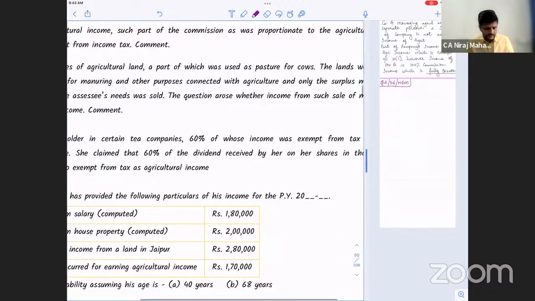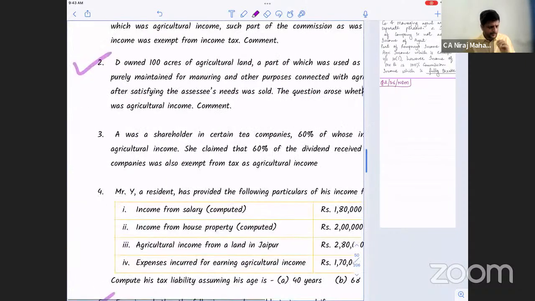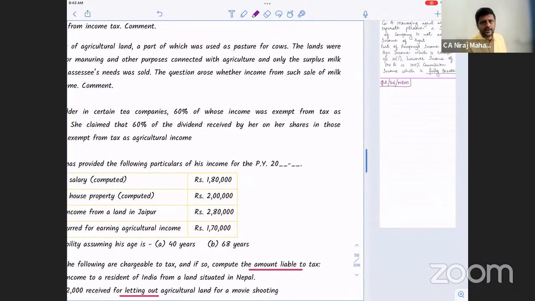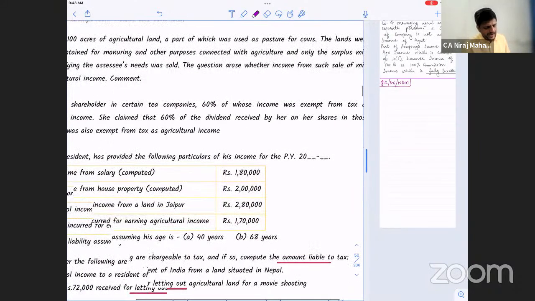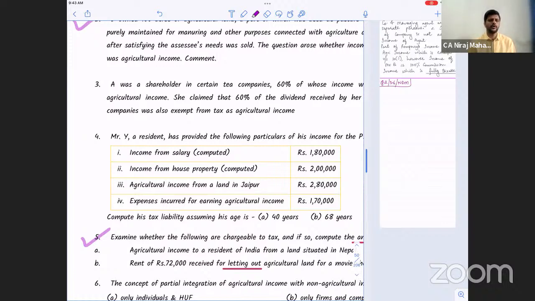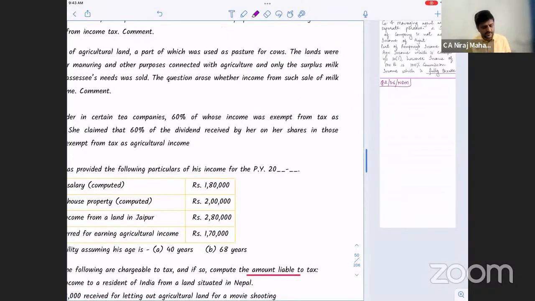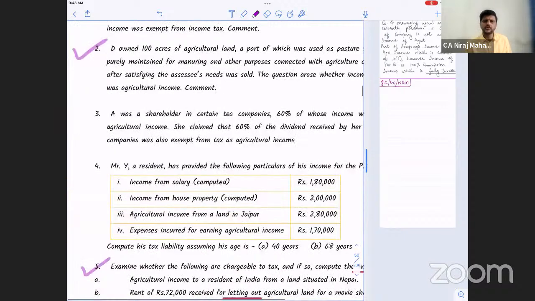The lands were purely maintained for manuring and other purposes connected with agriculture, and only the extra surplus milk after satisfying the assessee's needs was sold. The question arose whether income from such sale of milk was agricultural income.